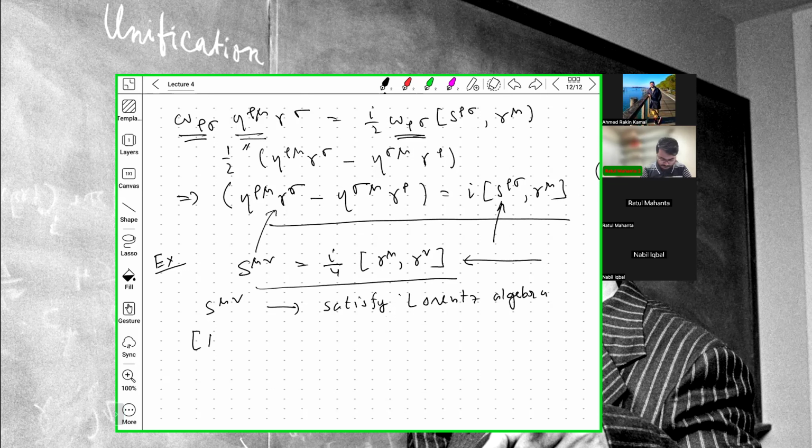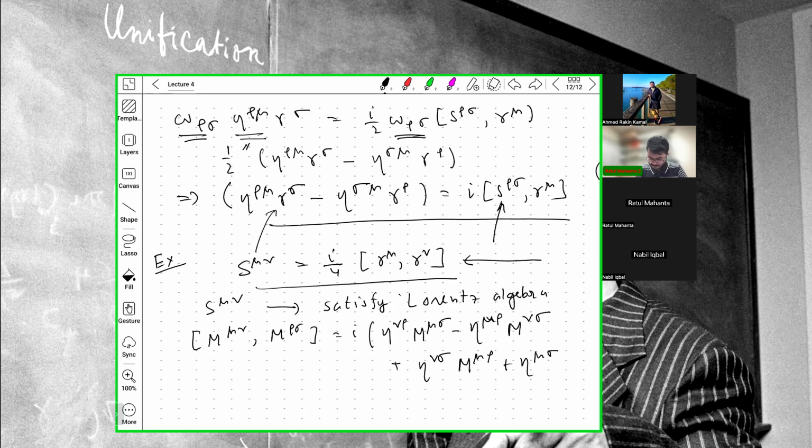Which is some product of eta and M. Okay, so you can plug M equals S mu nu and check this relation.